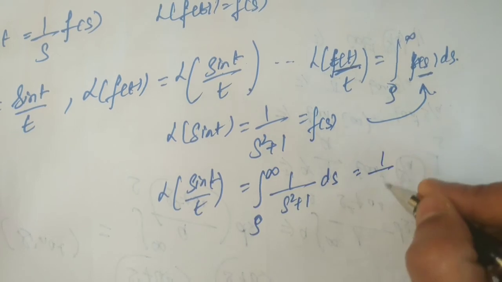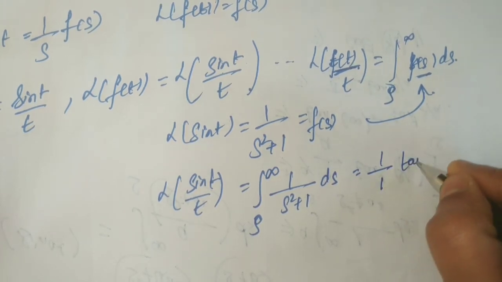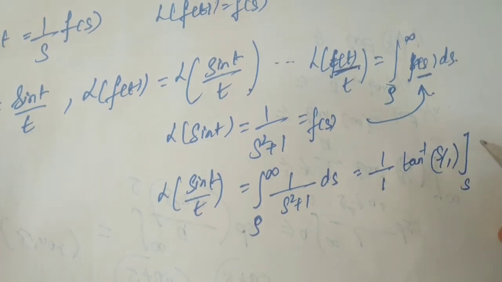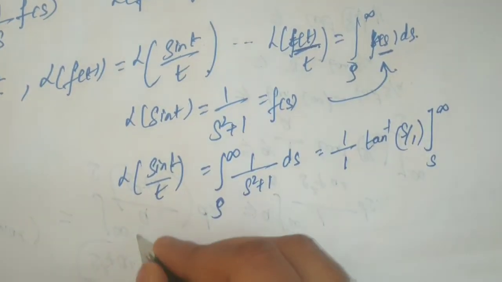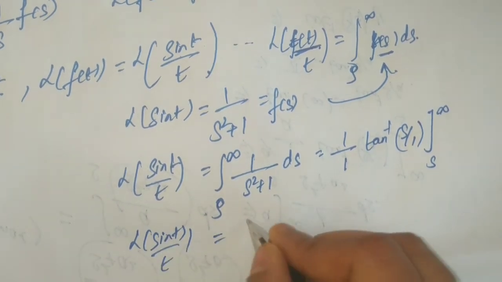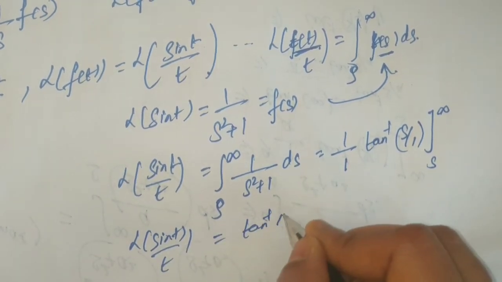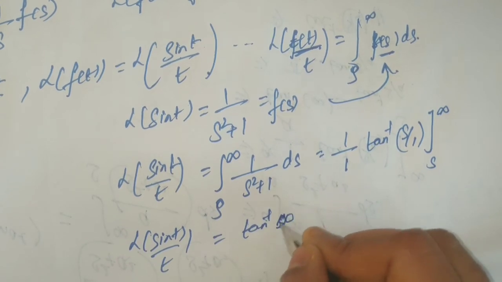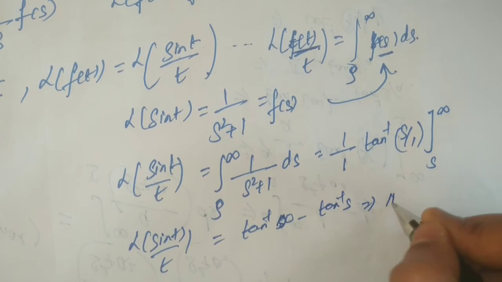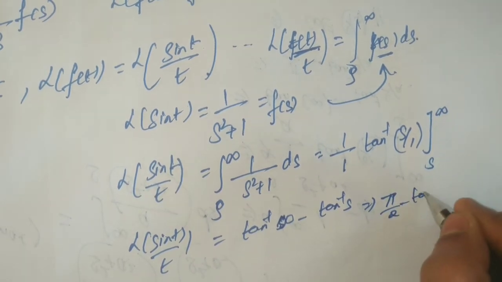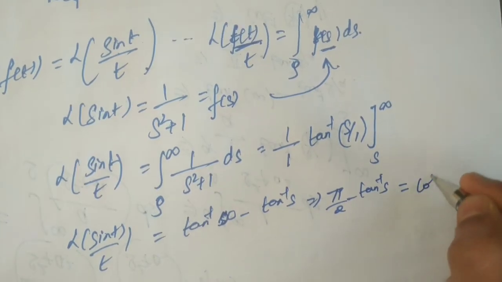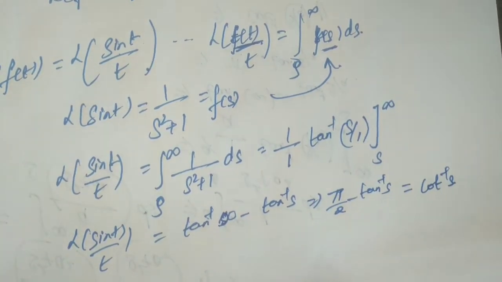As we know, integral of this is nothing but 1 by a tan inverse of s by a. So Laplace of sin t by t is equal to tan inverse of infinity minus tan inverse of s, which is nothing but pi by 2 minus tan inverse s, which can be written as cot inverse s.